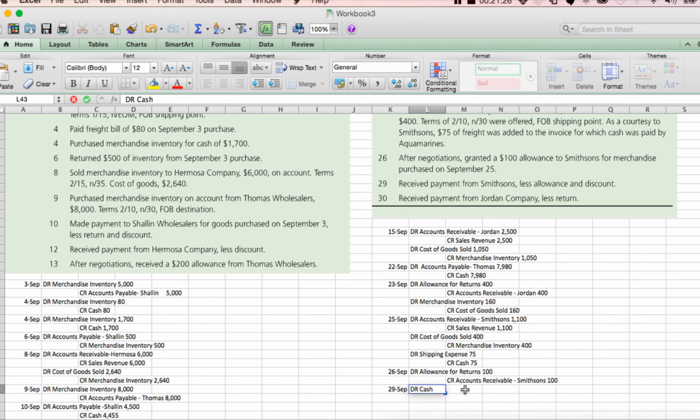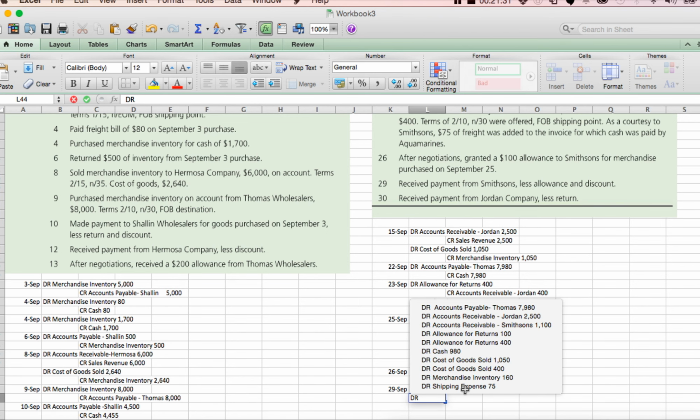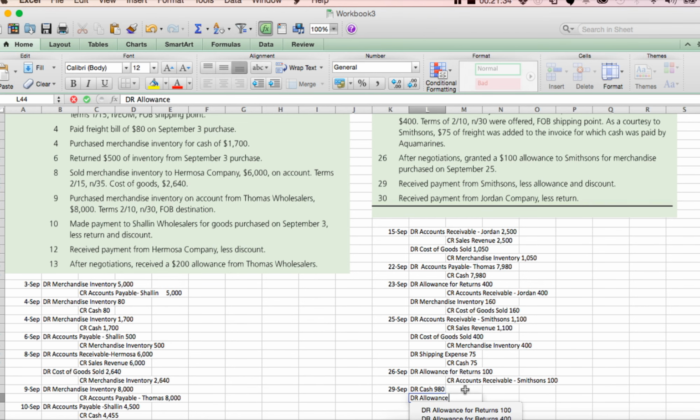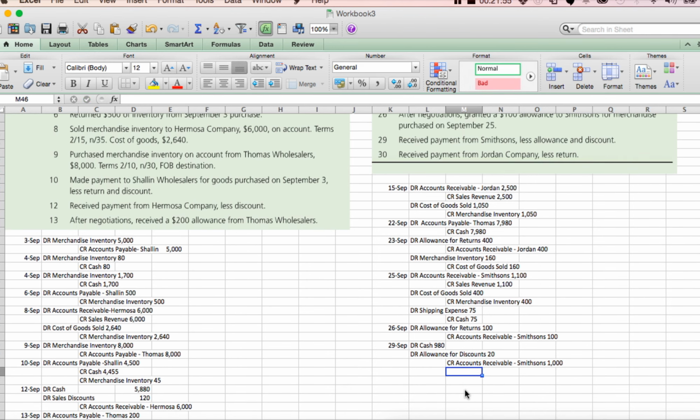So we're going to have $980 in cash, debit to allowance for discounts, 20, and then we are going to have a credit to accounts receivable, Smith Sons for 1,000. Okay, so that wipes out between this allowance here and this transaction here. That wipes out their entire account receivable.